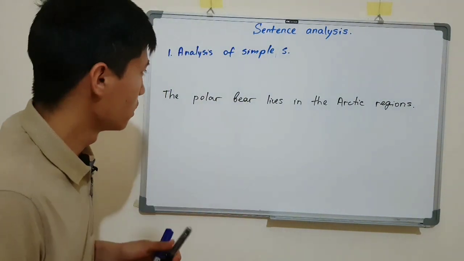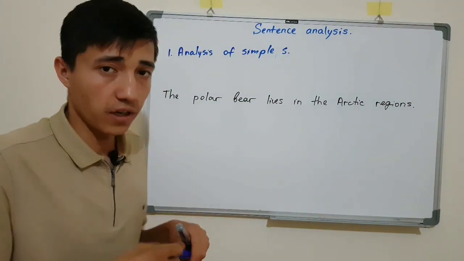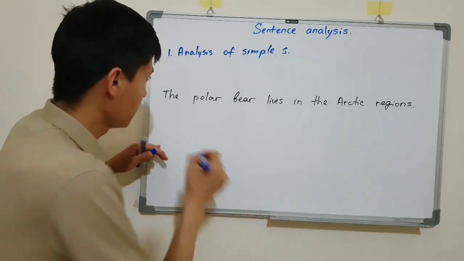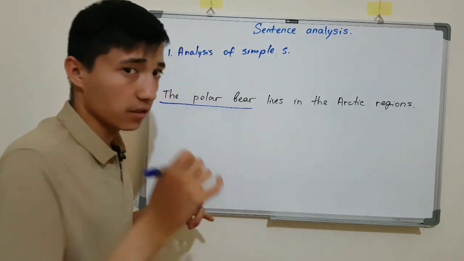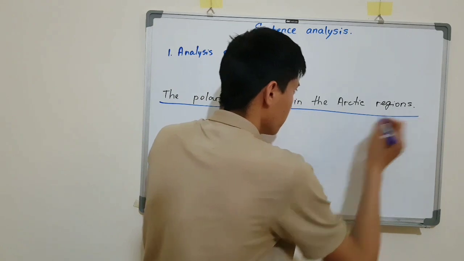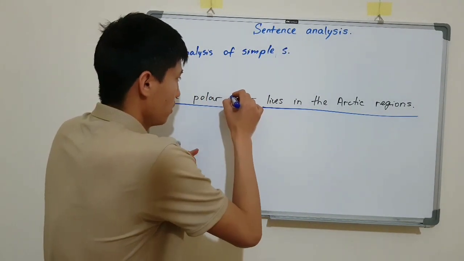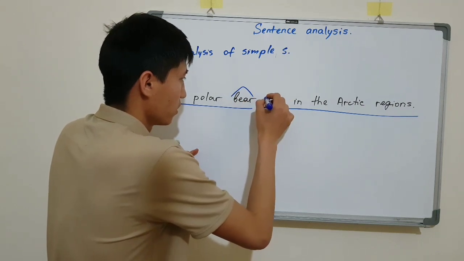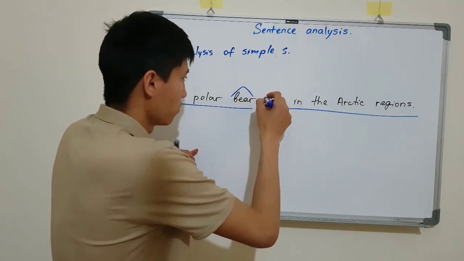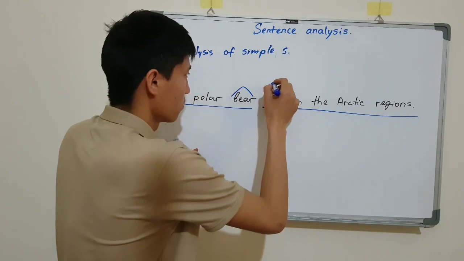First of all, we should identify the complete subject and complete predicate. The main subject is bear and the main predicate is lives.